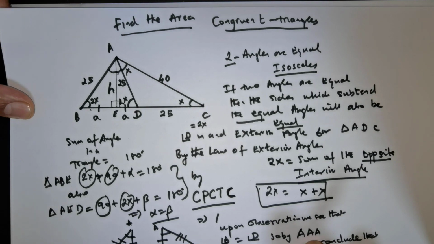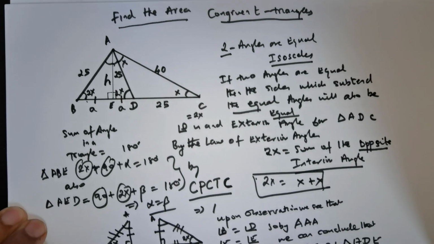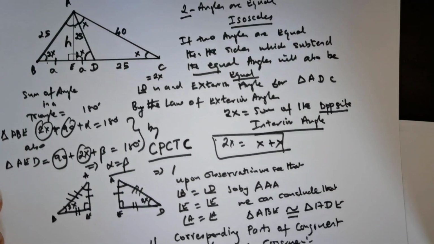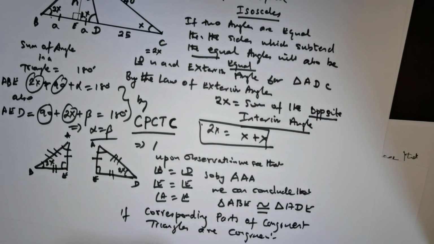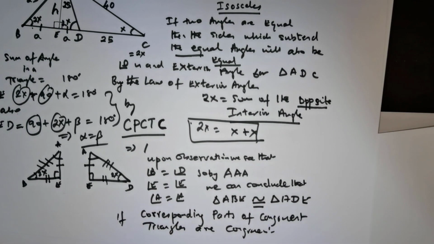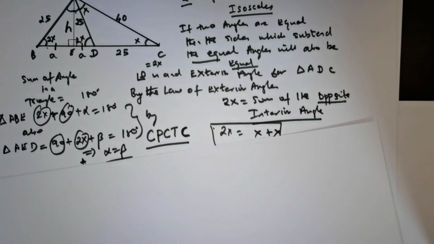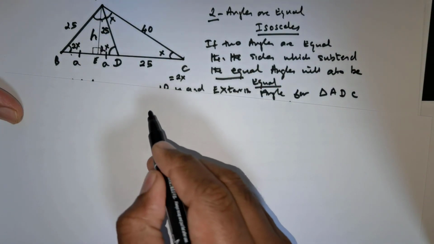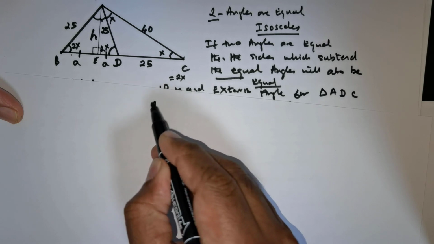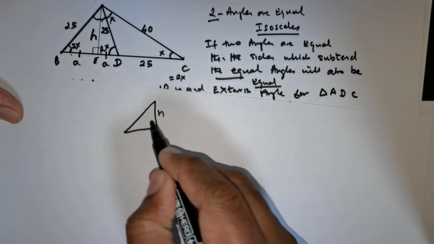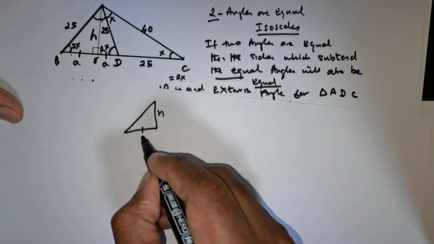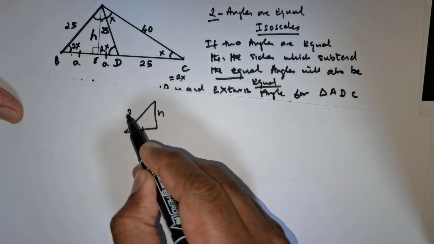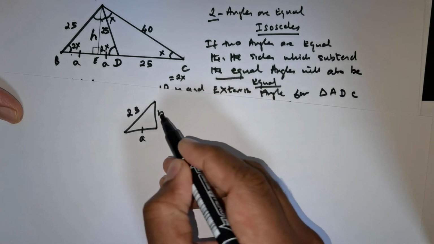Now what I would do is go on to the next page. I would have to find the H here. Now I'm going to consider this H, and I got an A and I got a 25 here.